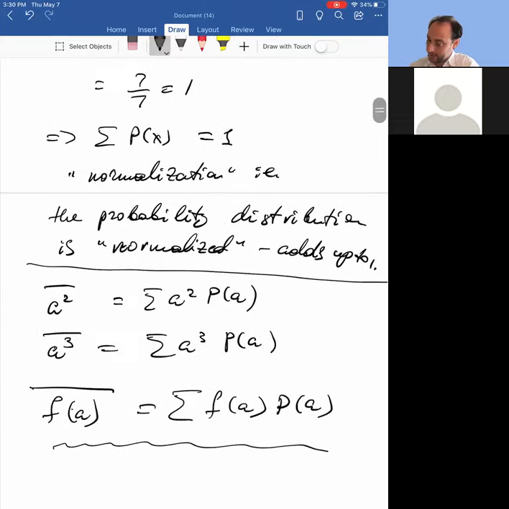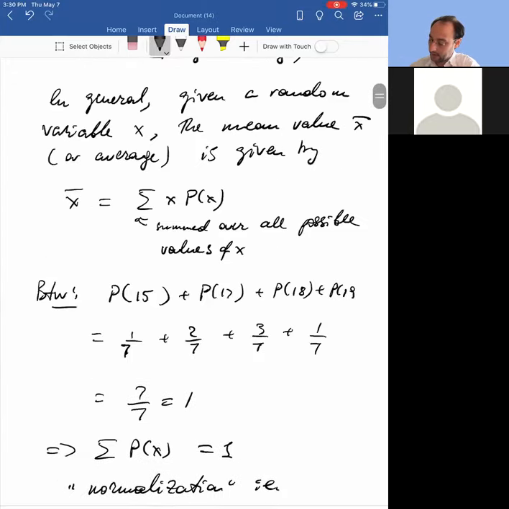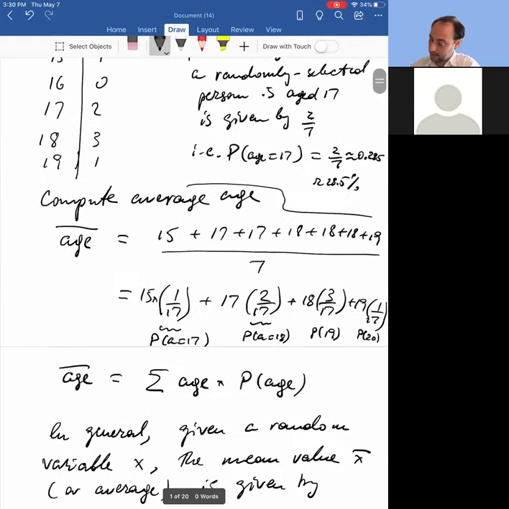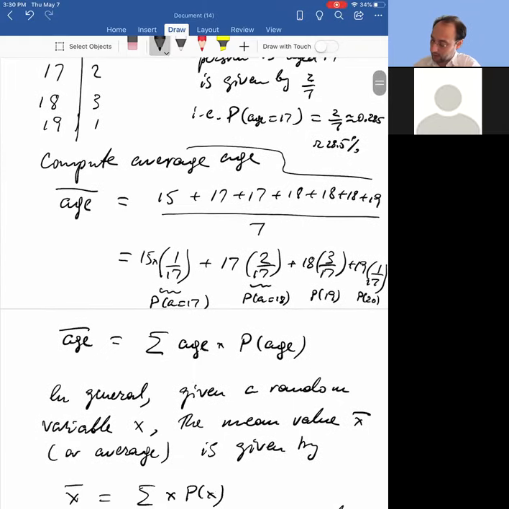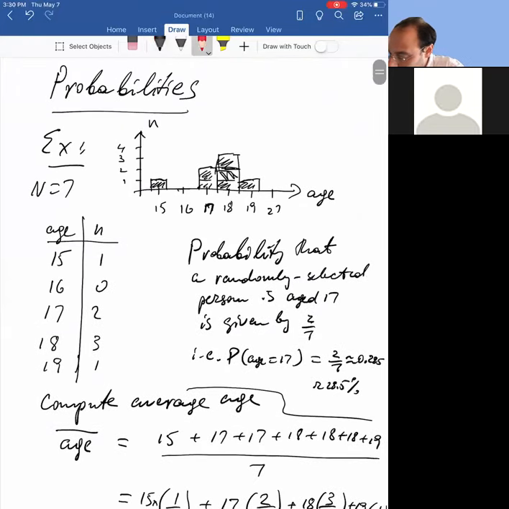The average, just a second, comes out to be, if I crank this out, I get age A equals 17.42. Let's see, so it's somewhere here, okay?